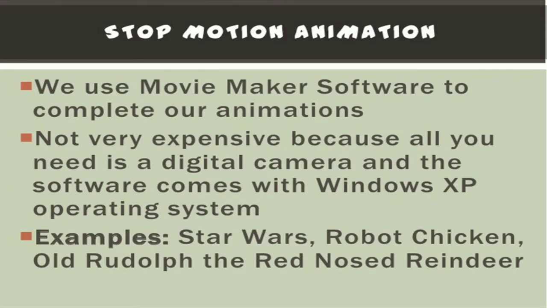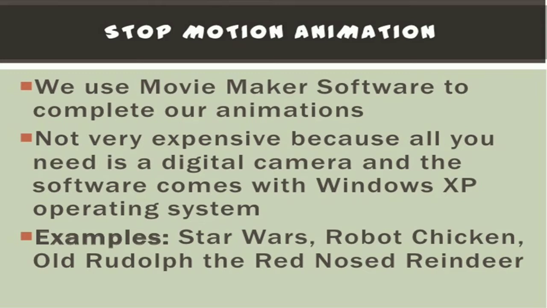Now, for stop motion animation, most of the animators use Movie Maker software to complete their animation. It is not very expensive, because all you need is a digital camera, and the software comes with the Windows XP operating system. I do not know if we also have this kind of software on Windows 7, 8, 9.